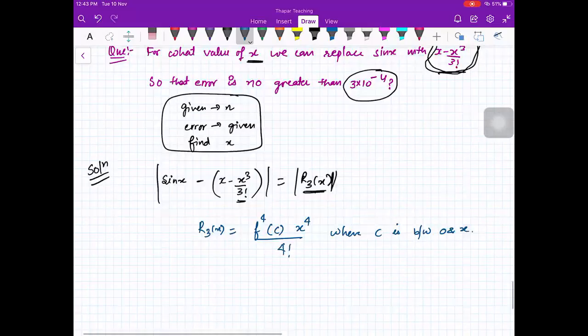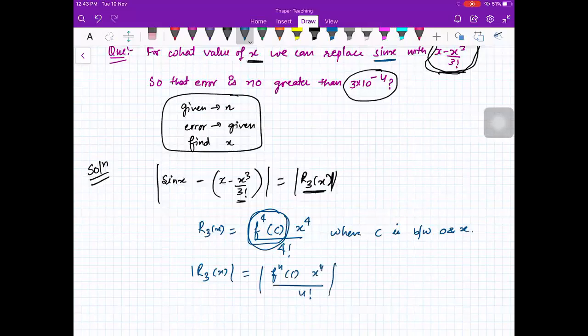Because your function is sin x, this fourth derivative will be either sine or cos. So if you look at the modulus, this is less than or equal to 1 times x to the power 4 upon 4 factorial. Is that okay?